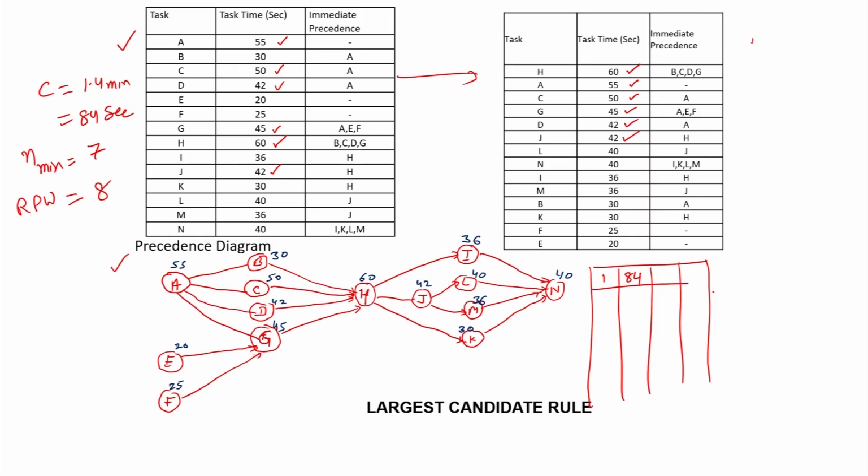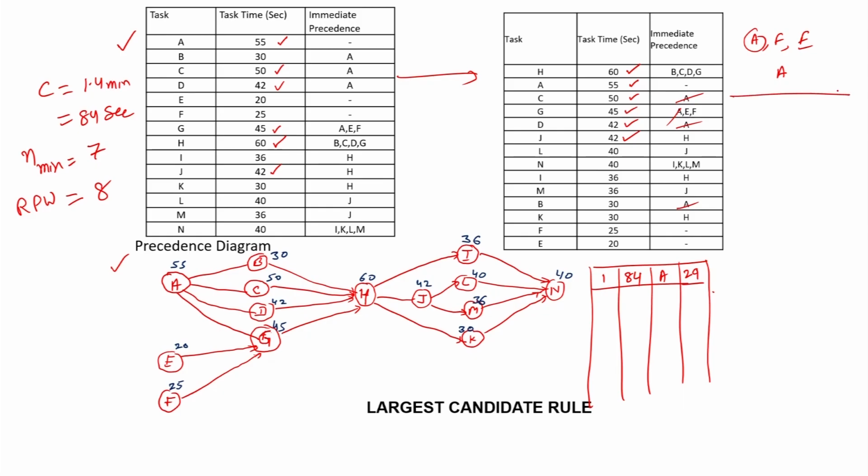They are elements A, F and E. Out of that, A has the highest priority, and the time of A is 55, which is less than 84. So, I will assign A, and now 55 is assigned, so 29 is available. Once A is assigned, A is deleted from this list wherever it appears.